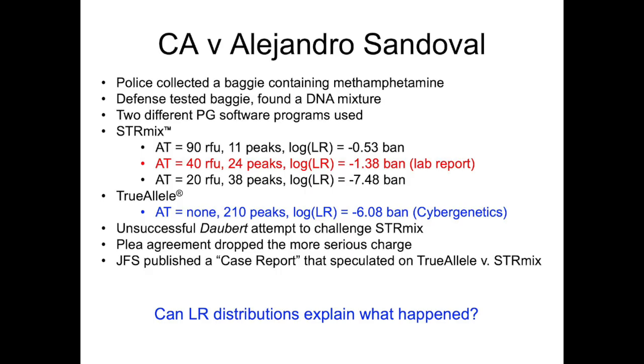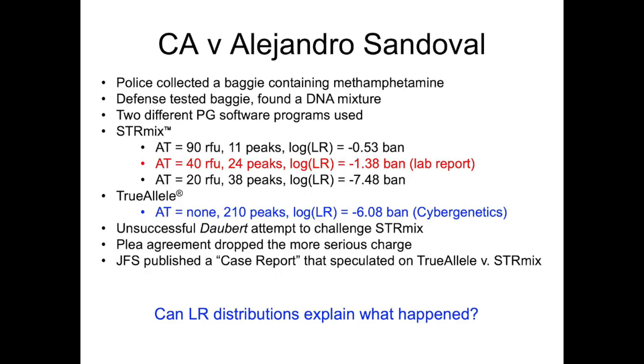If you give it more data at 20 RFU by letting more peaks in, at 38 peaks, StarMix would find negative 7.5 band, which is something in the tens of millions. We were asked by the lab to run TrueAllele on this. We don't have an analytical threshold. We looked at all 210 peaks. The log LR was a little under negative 6 band, which is 1 in a million.